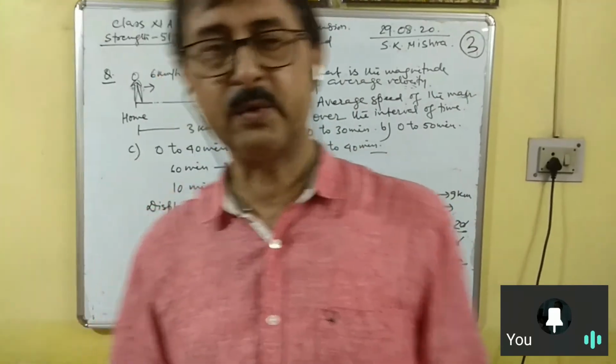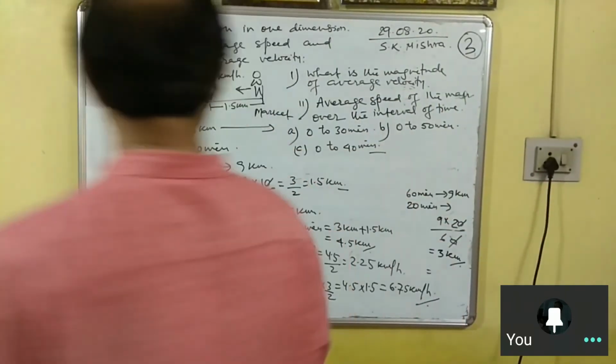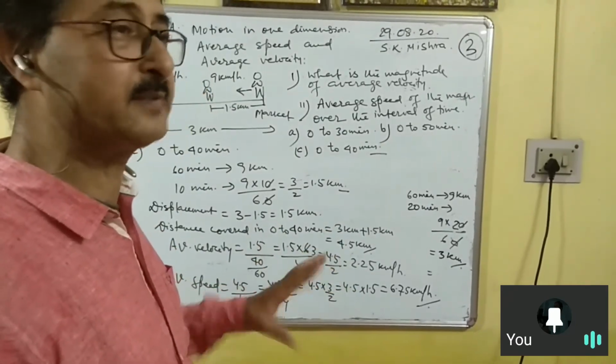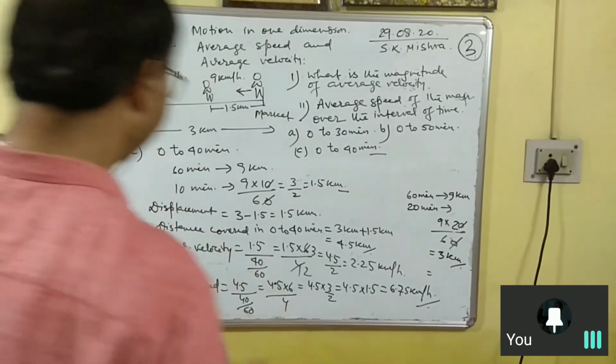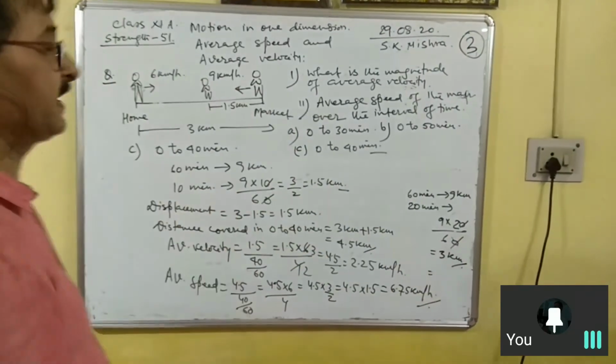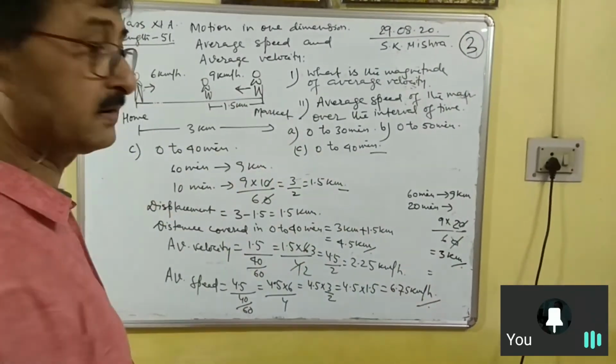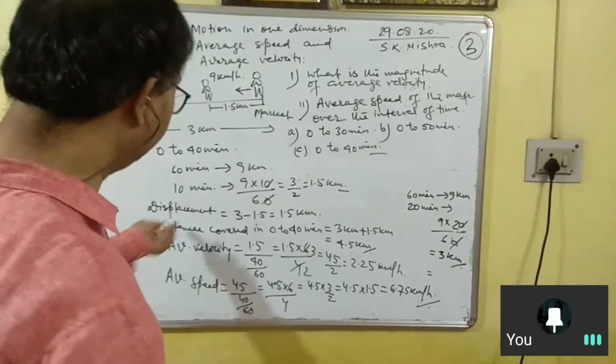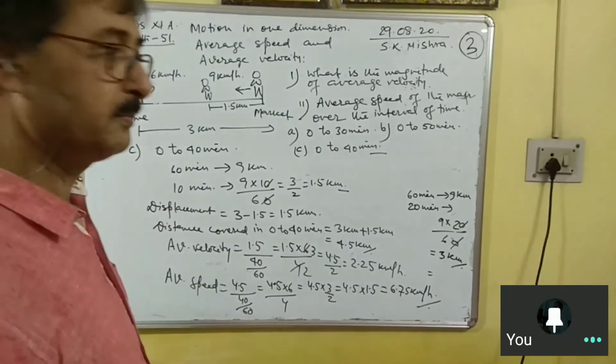These two are equal, because distance is then equal to displacement. Distance and displacement will be the same thing. But if reversible motion is there, suppose the person is returning back, then displacement and distance will differ. And accordingly, the average speed and average velocity will be different.